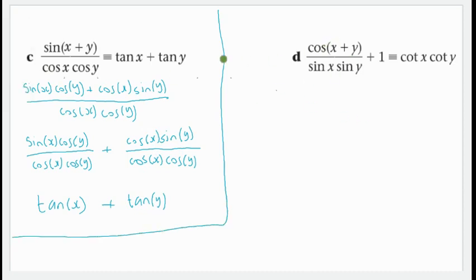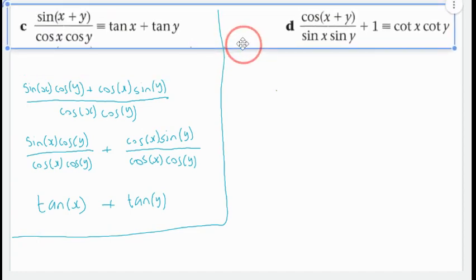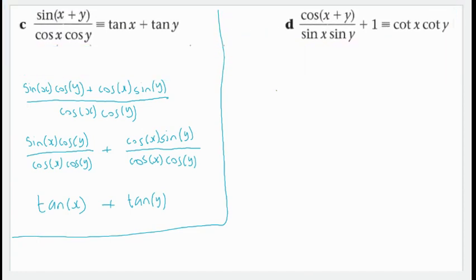Okay. Next, let me just move this up actually so that we have a bit more space. There we go. Next, I'm going to write in red. I've got cos x plus y over sine x sine y plus 1 is cot x cot y. Okay, so I'm going to start with the left-hand side.